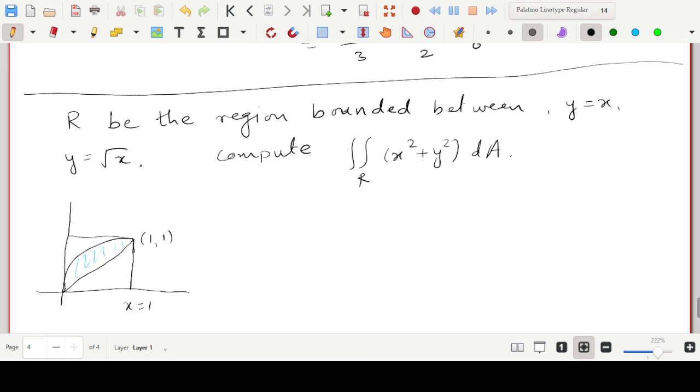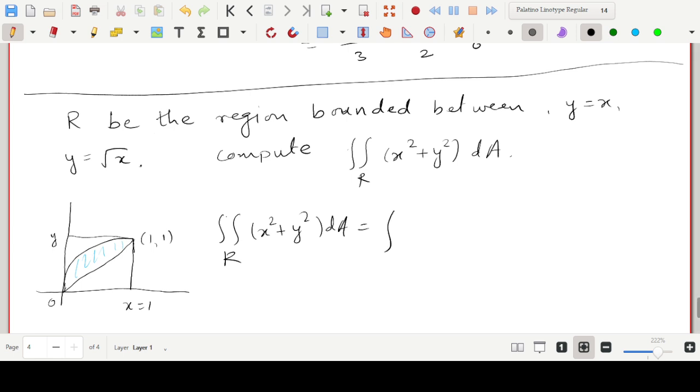Now what should we do? We shall apply our previous technique. All that we want to do is to let x move from 0 to 1 and see between which two values y varies. So the integral of x square plus y square dA.